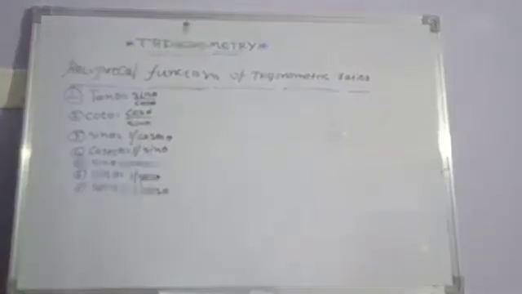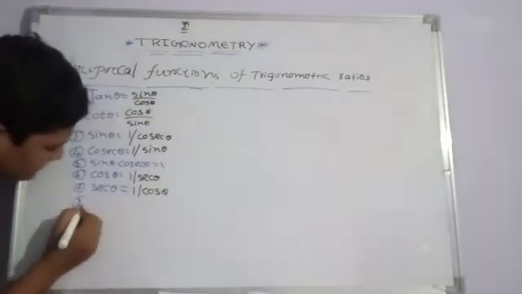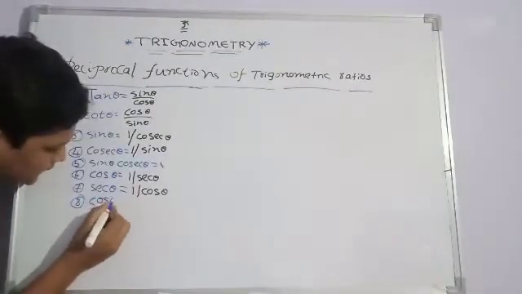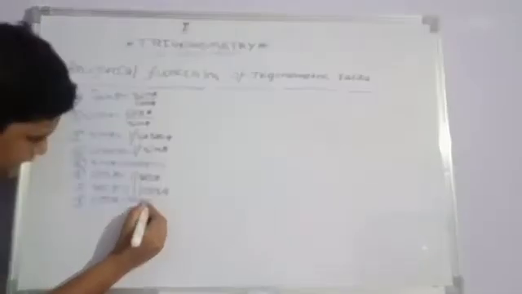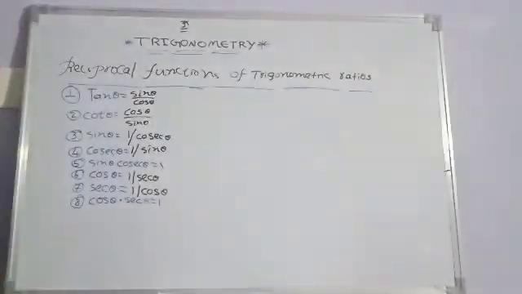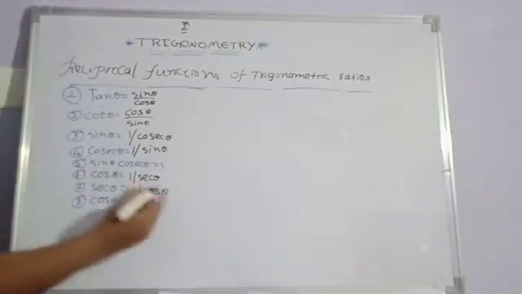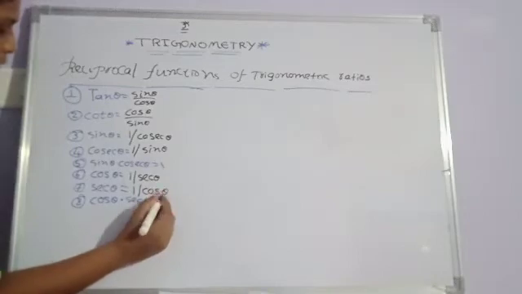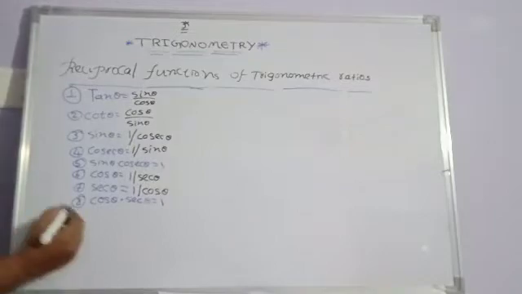This can be also written as cos theta into secant theta is equals to 1. Next we are left with tan theta.